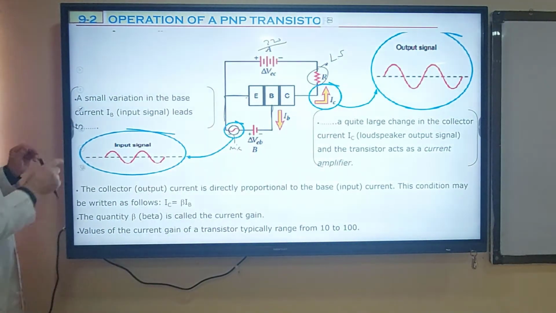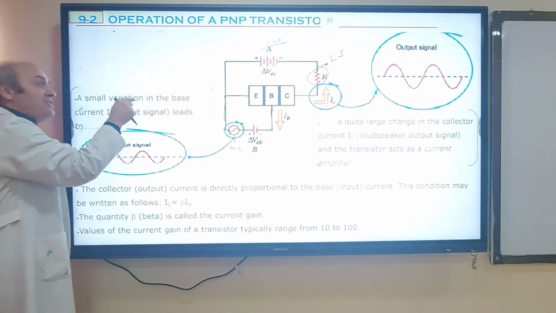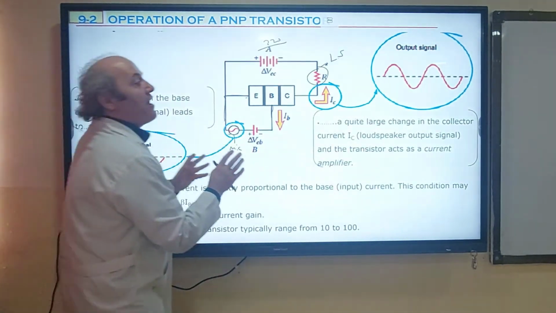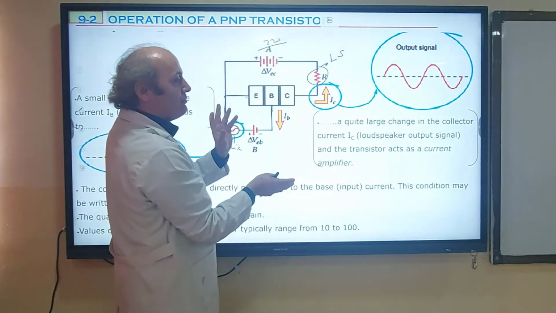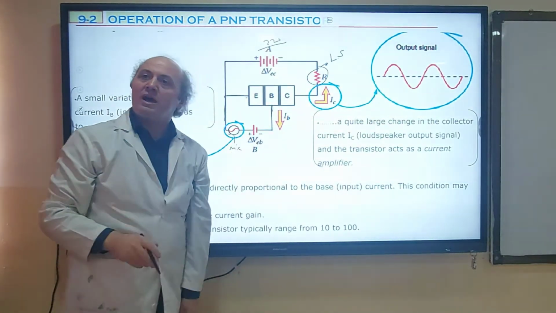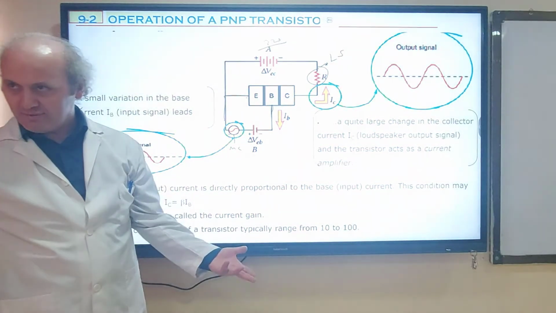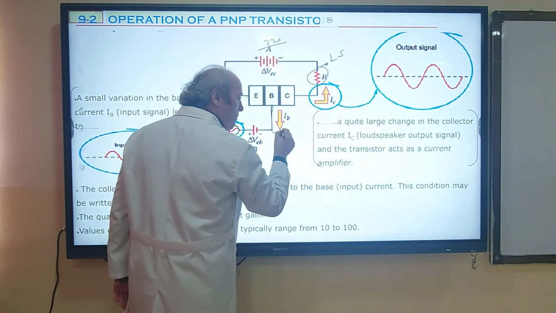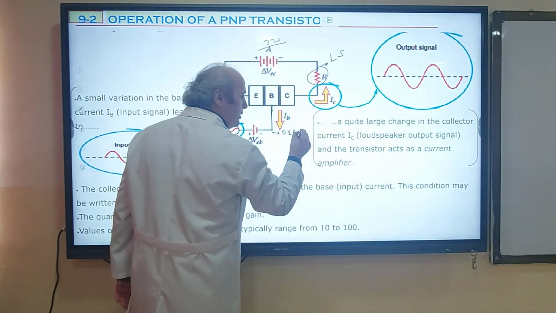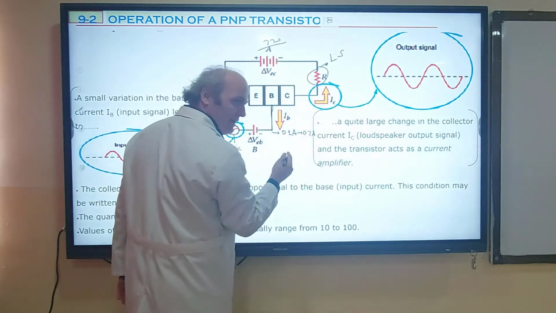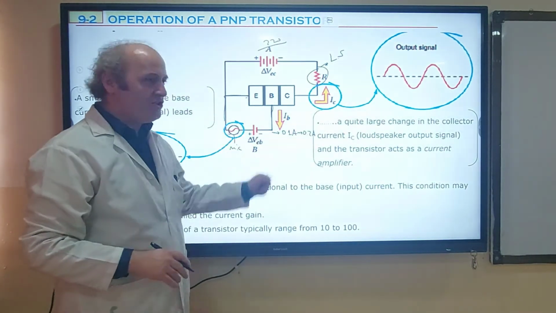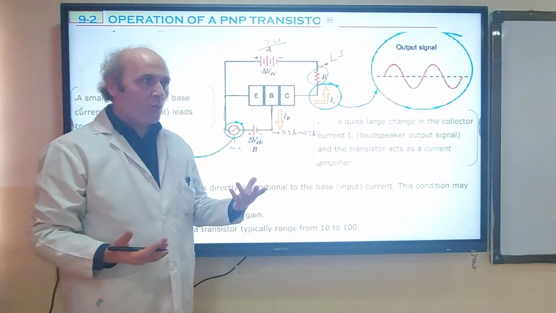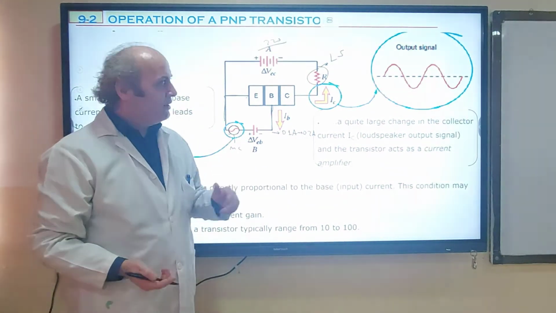Then what's happening? A small variation in the base current, IB, produces a very large change in IC, because IB and IC are directly proportional, we know that. Say that IB changes from 0.1 ampere to 0.2 ampere, correct? How many times did IB change? Two times, twice.